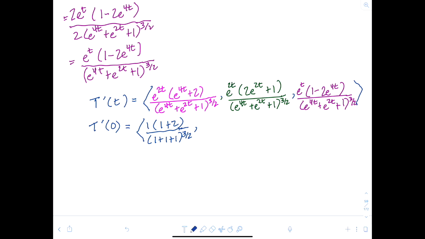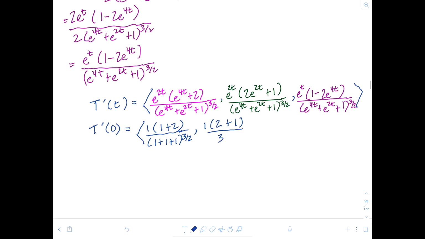And that denominator will be the same for all of them, right? For the next one, we'll have 1 times 2 times 1 is 2 plus 1. This is 3 to the 3 halves. And then 1 times 1 minus 2 over 3 to the 3 halves.